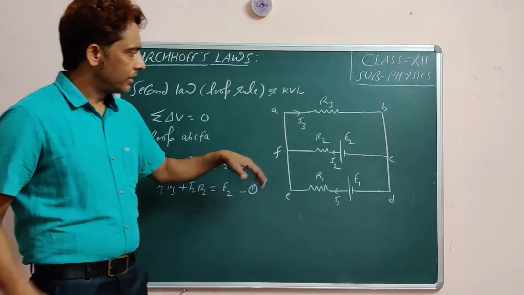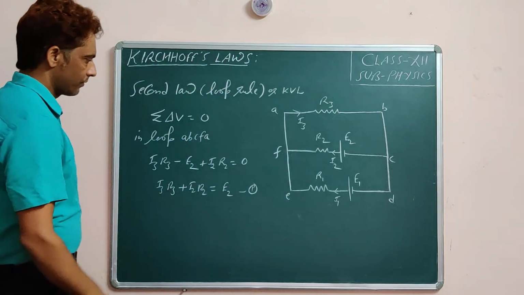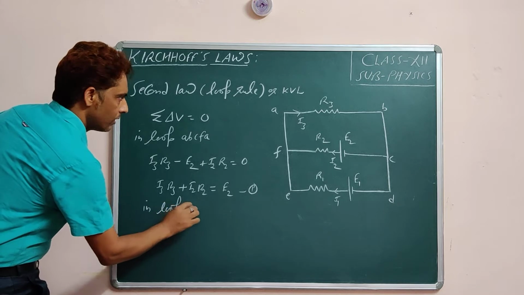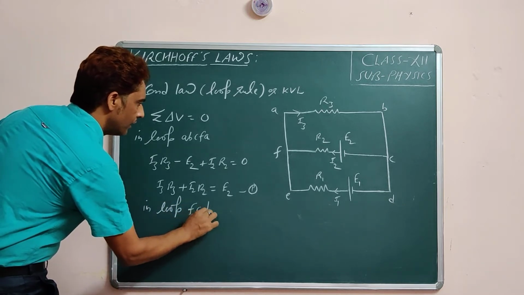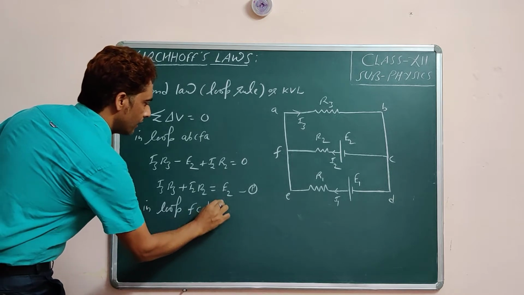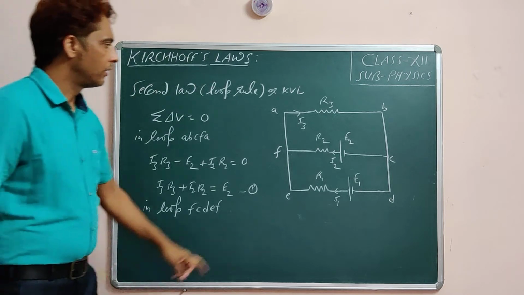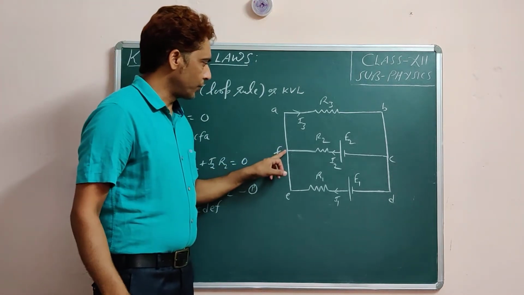If we apply the same law to this loop, so we can write in loop C, D, E, F. So I have started from this point.